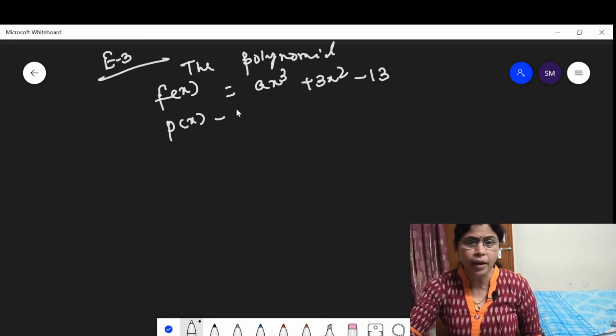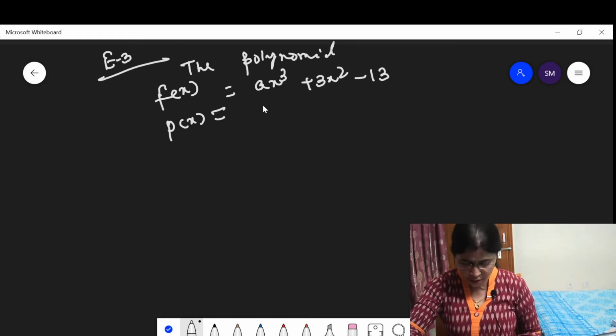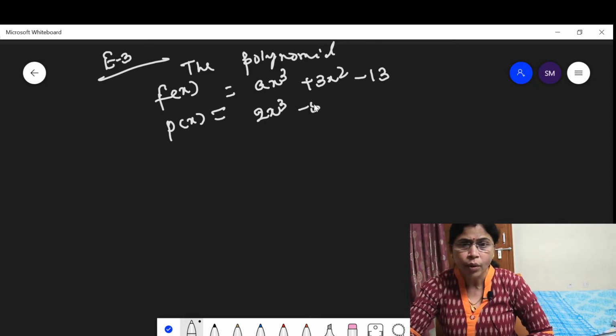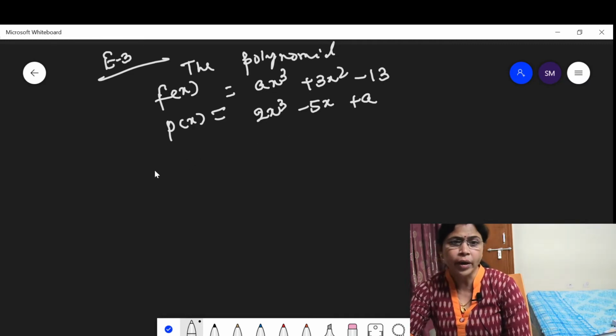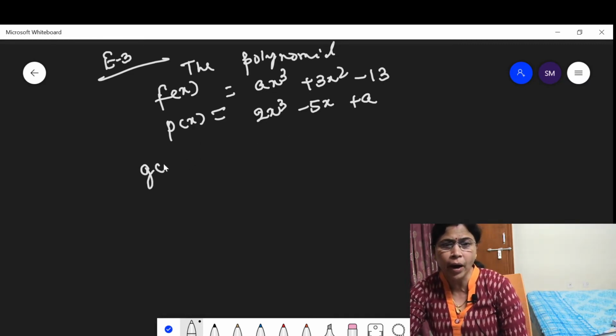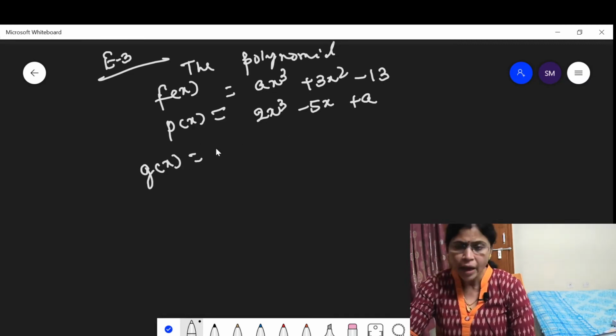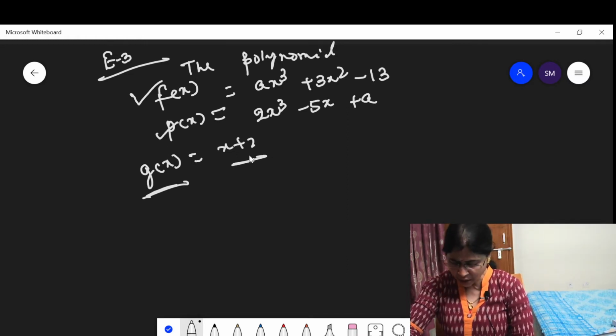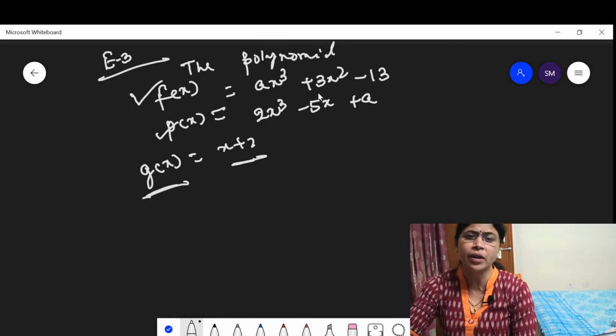Another polynomial p(x) is given, 2x cube minus 5x plus a. When f(x) and p(x) are divided by g(x), which is x plus 2, if the remainder in each case is the same, then find the value of a.